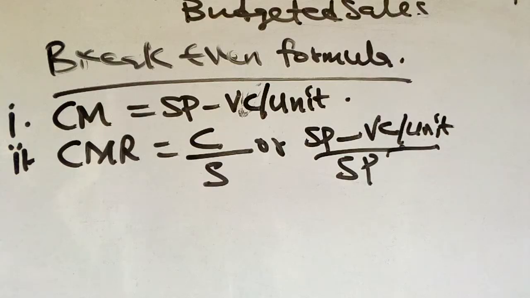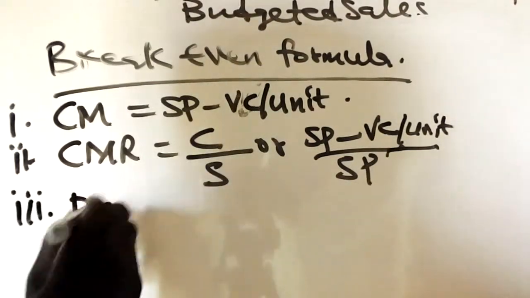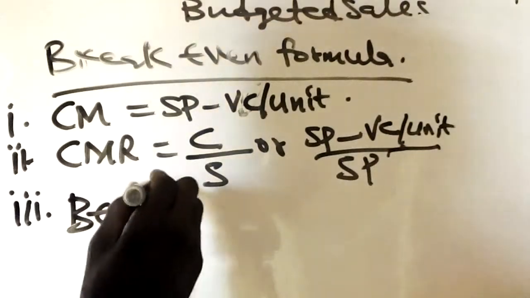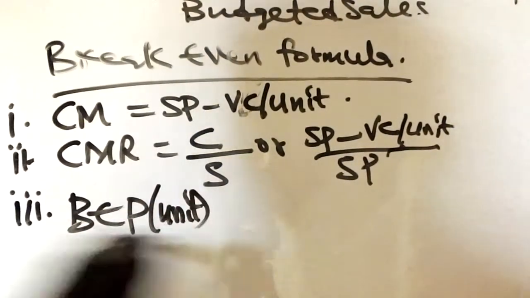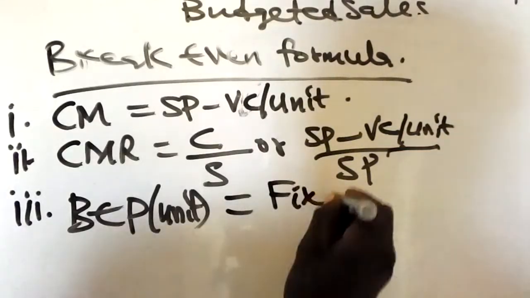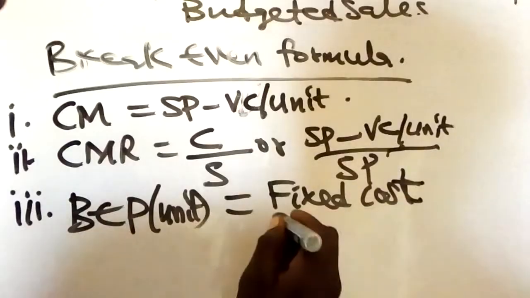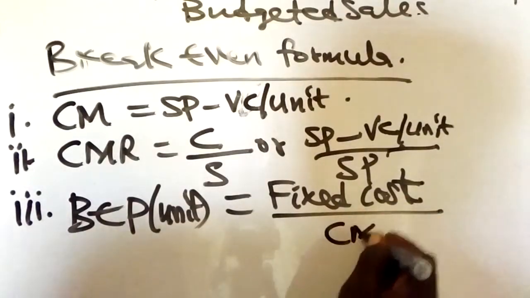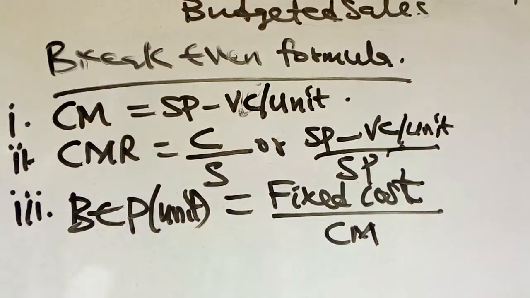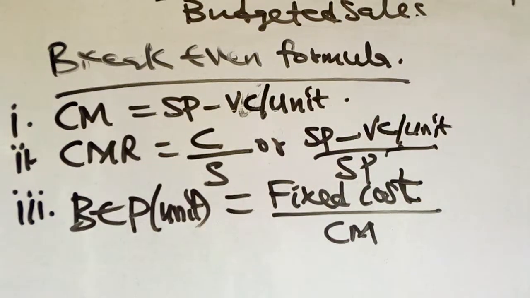So number 3, break-even point in unit. BP means break-even point. It is fixed cost over contribution margin. I've told you that your contribution margin is selling price less unit variable cost.